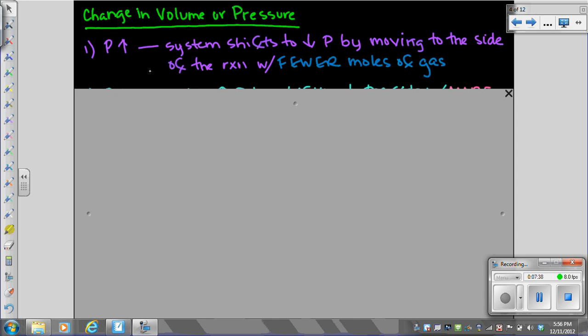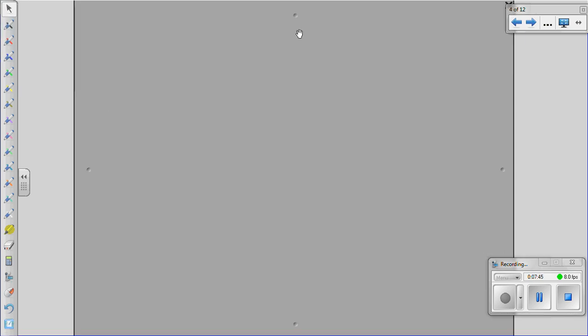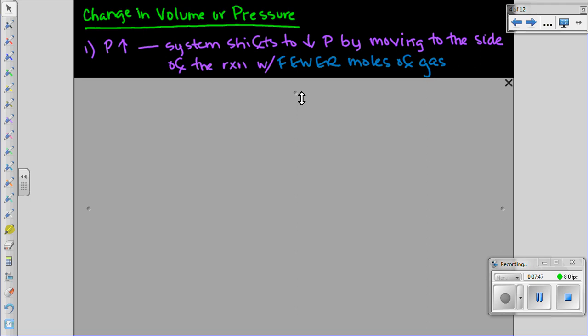If pressure goes up, the system wants to decrease that pressure because it doesn't like that stress. So it's going to do that by moving to the side of the reaction with fewer moles of gas.